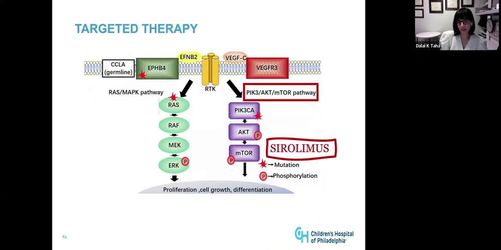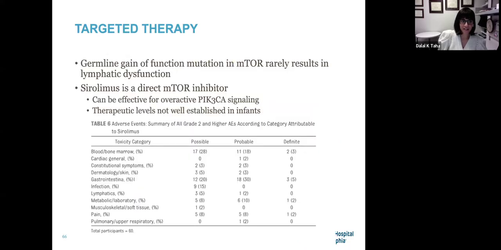And so the treatment of choice might be sirolimus, which is an mTOR inhibitor. This can be effective for overactive PIK3CA signaling, but it acts directly on mTOR, and germline gain of function mutations in that protein are really rare to cause lymphatic dysfunction.